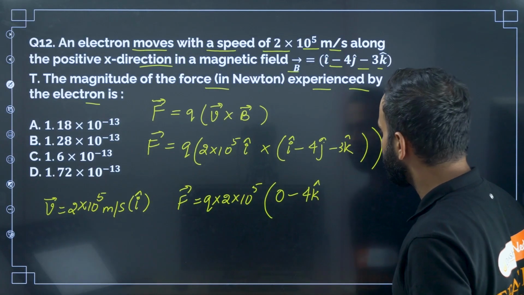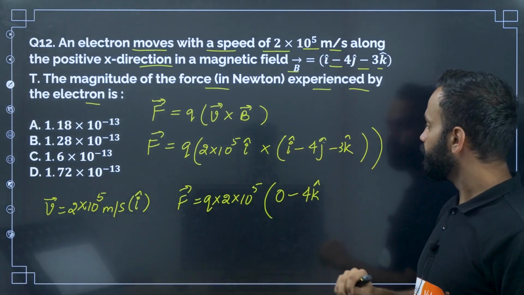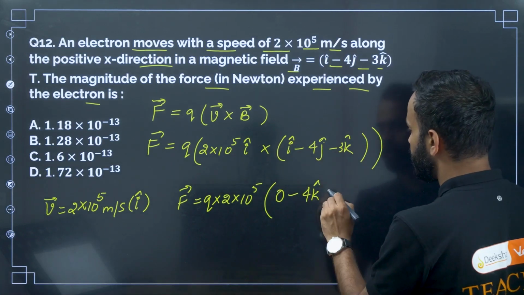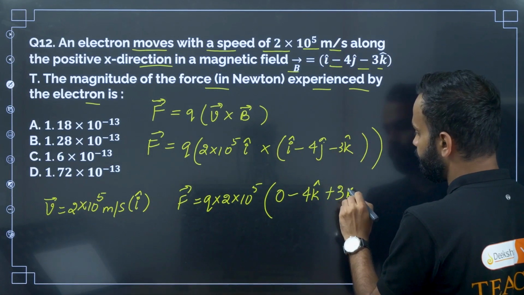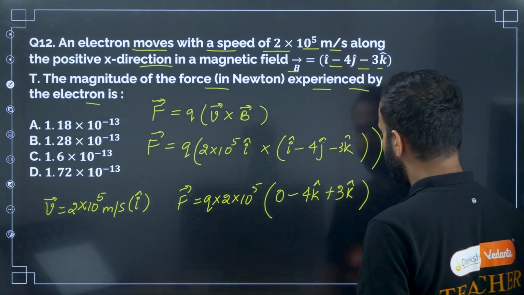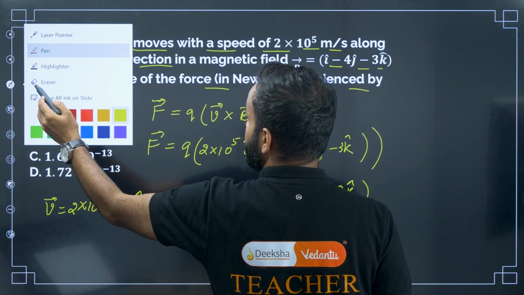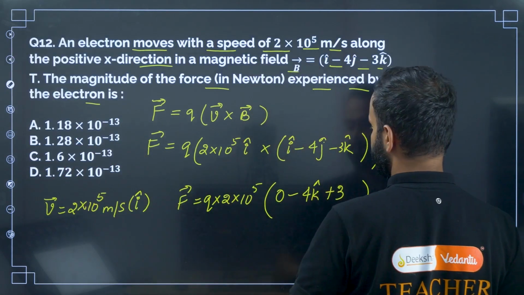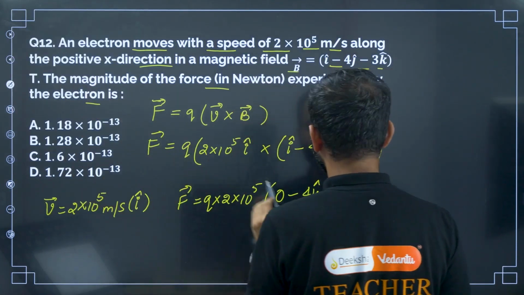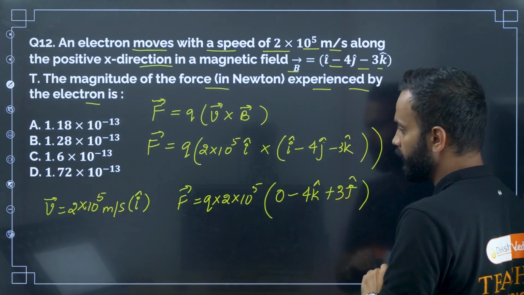Okay, minus 4k cap, and then I cap cross k cap is minus j cap. So minus into minus plus, so plus 3j cap, plus 3j cap, 3j cap.